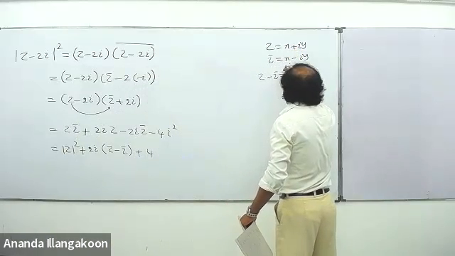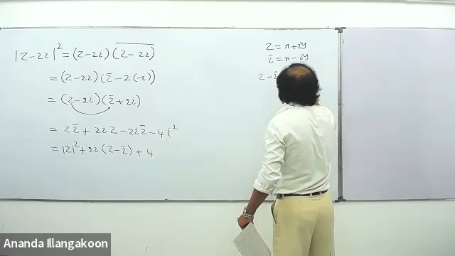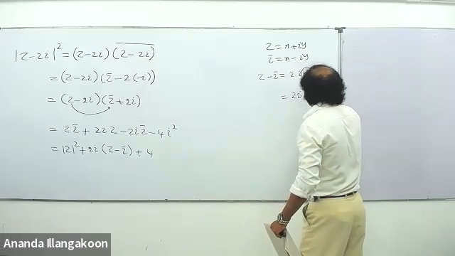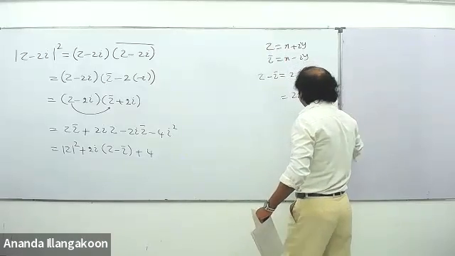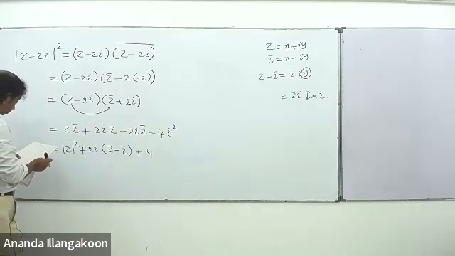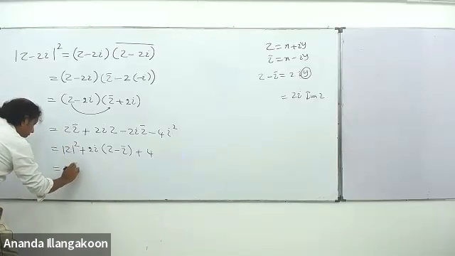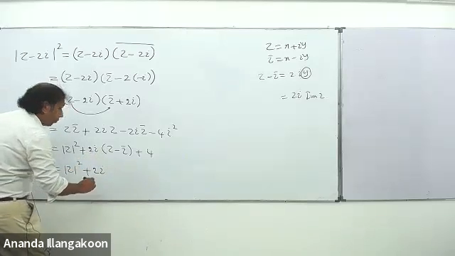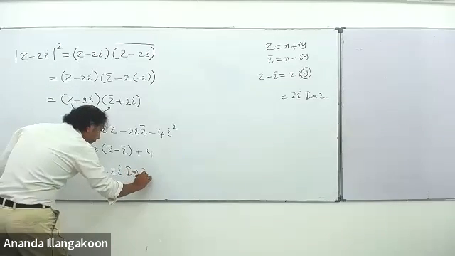When you subtract, you get 2IY. What is Y? It is called the imaginary part of Z, Im Z. Then we get mod Z squared plus 2I times Z minus Z bar, which is 2I Im Z, plus 4.